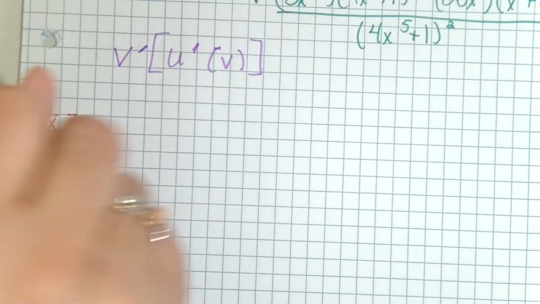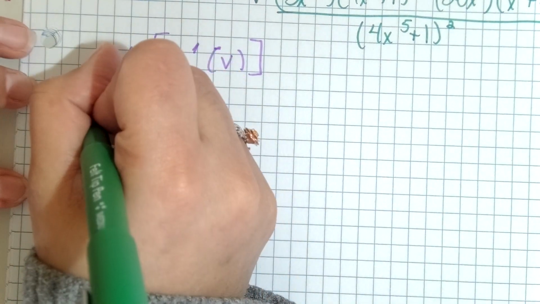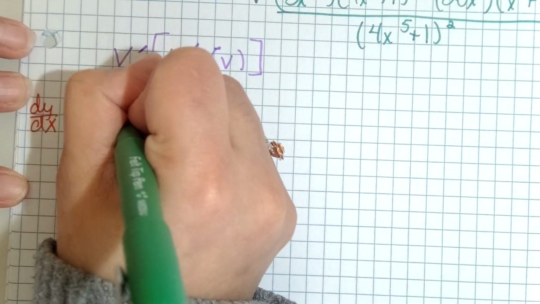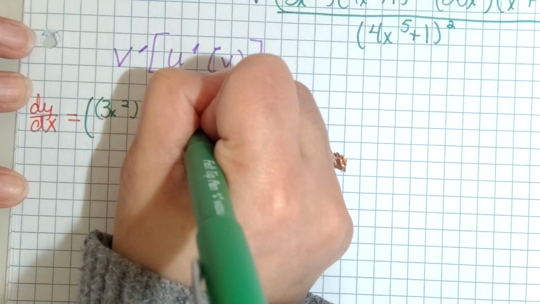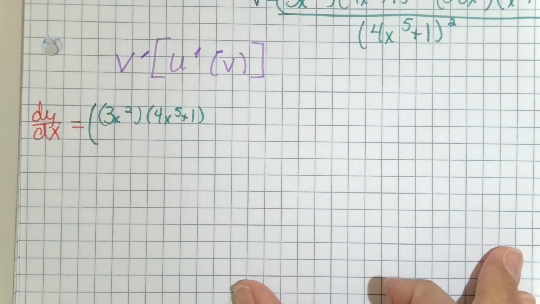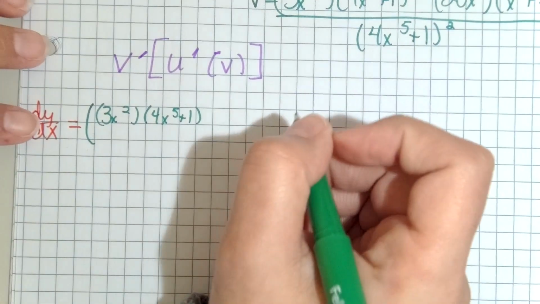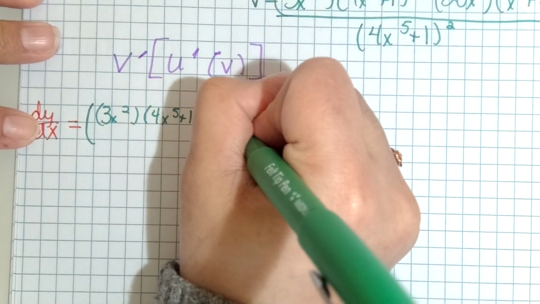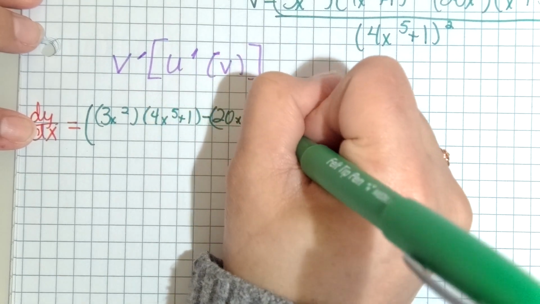So that is going to be V prime. V prime is green, right? 3x squared, 4x to the 5th plus 1. And yes, you need parentheses. Like I was telling some of you, you're not putting the parentheses, which implies that only certain things are being multiplied together. If you need me to zoom in after I'm done writing, I will try my best.